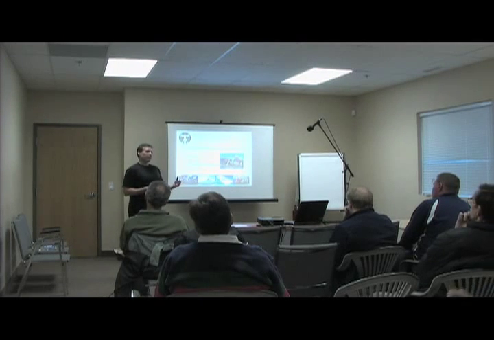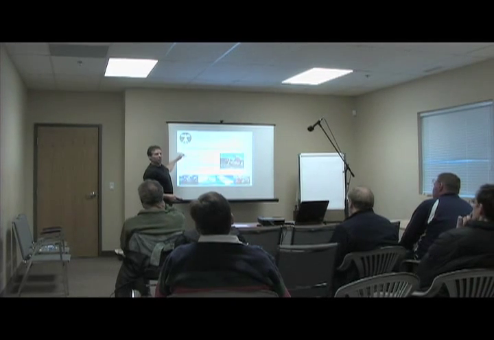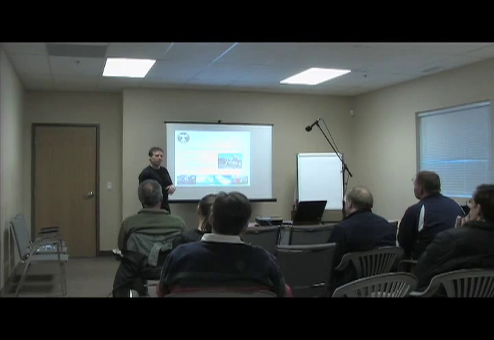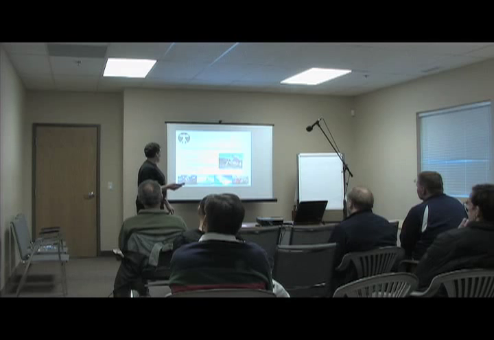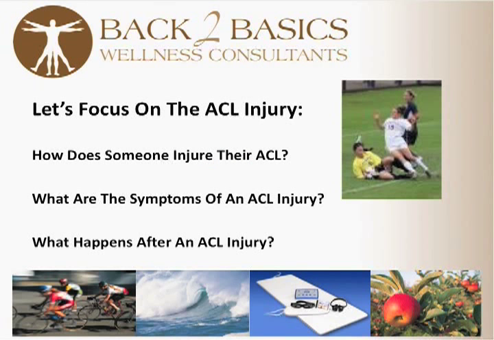So oftentimes it won't be just an ACL all by itself. It'll be the ACL, it'll be the MCL, and it'll be tearing of the meniscus. And usually when that happens, it's a surgical procedure. There's no getting around that. And then of course the PCL, if things really get taken away, then the PCL gets torn as well. Not very common, luckily.